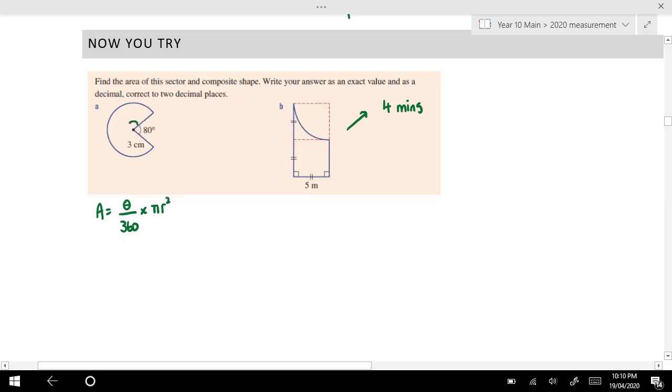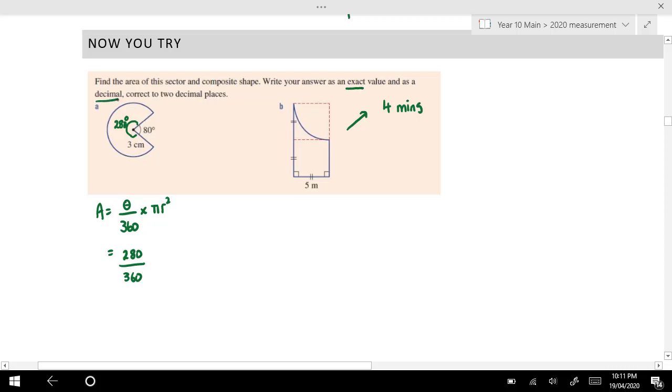Now, we want this fraction in here, and that's going to be, well, if I take away 80 from 360, we get 280 degrees. So that's 280 over 360. It says here write your answer as an exact and also as a decimal.